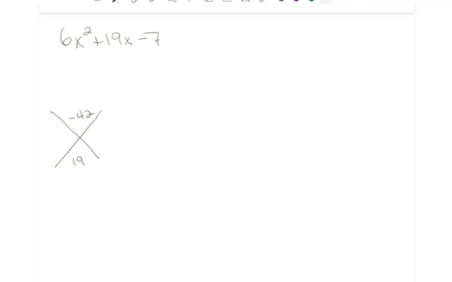What's going on the left and right? Yep, good job. So 21 times negative 2.